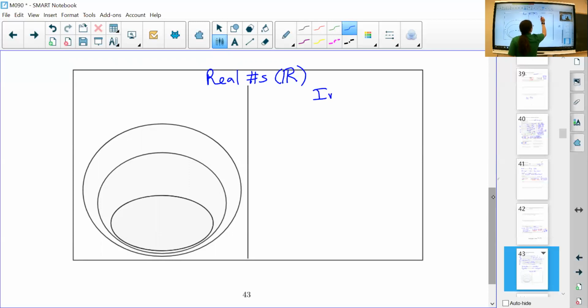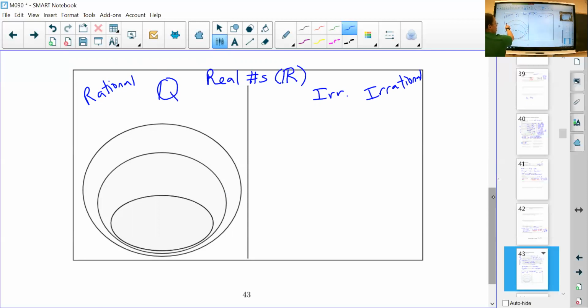We've got the irrationals and the rationals. Now, every real number is either rational or irrational. So these two categories together make up the real numbers. Notice that irrational numbers don't really have a lot of subcategories, don't really have any that I can think of. Rational numbers, however, do.